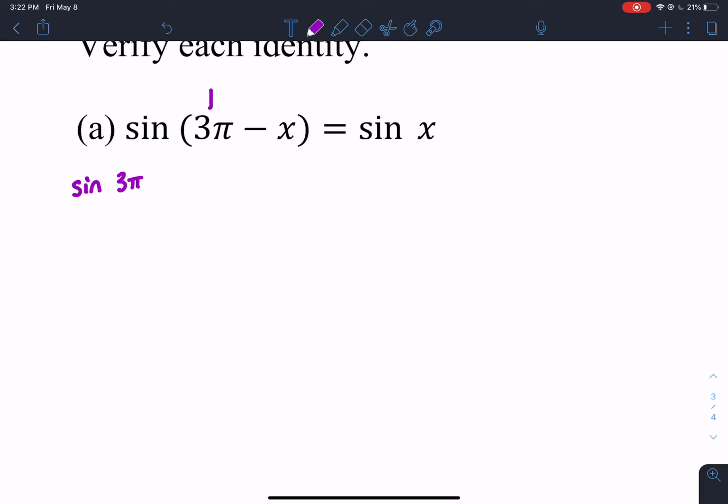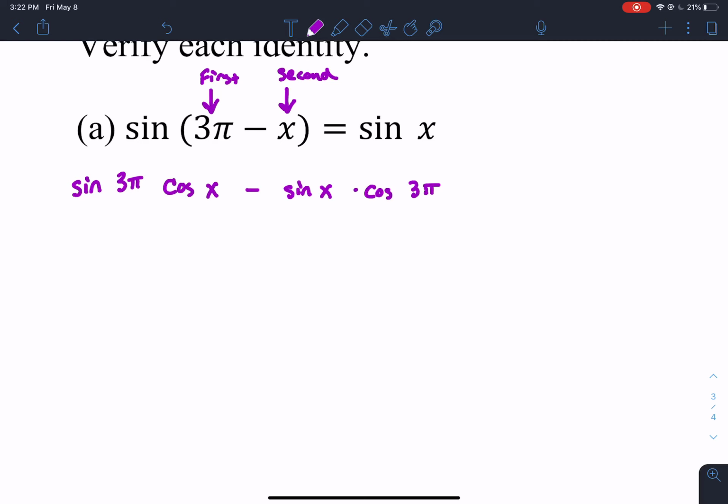Okay, so we're going to call this angle the first, and then x is the second. Okay, so it's sine of the first, cosine of the second, minus sine of the second times cosine of the first.